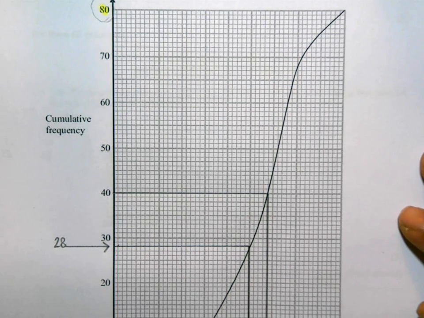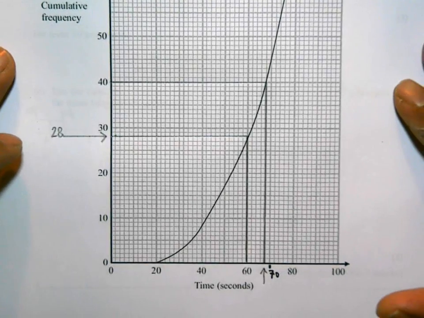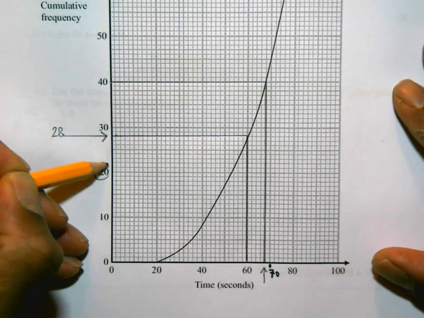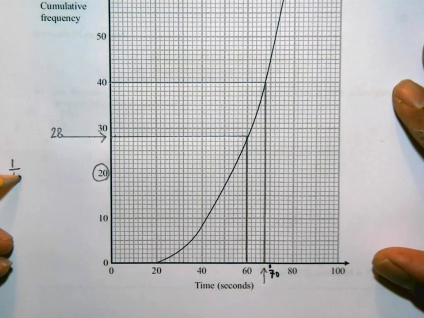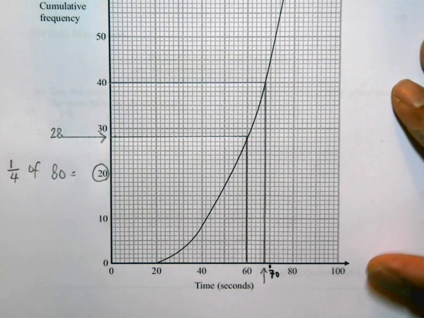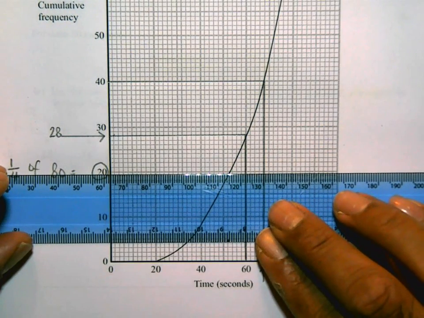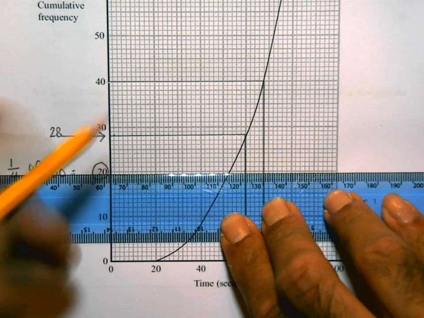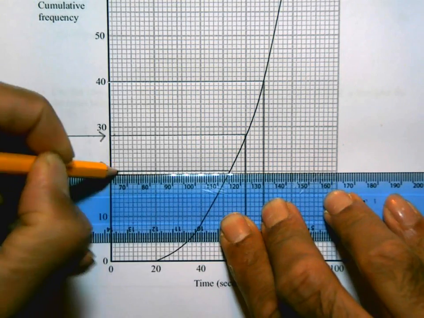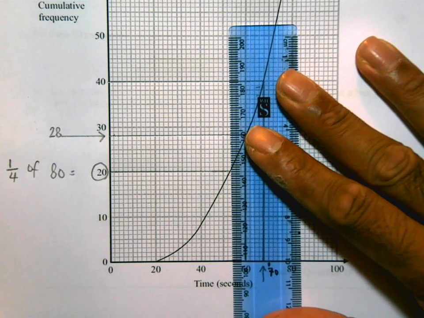So the lower quartile is the first quarter. So I'm going to go all the way down here, and a quarter of 80 is 20. Yep, so that's 1/4 of 80 is 20, and then I'll go across and then down. So all the way across. And it seems to fall halfway between two of the lines between the grid.